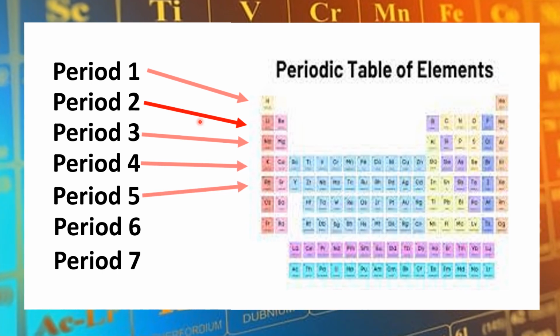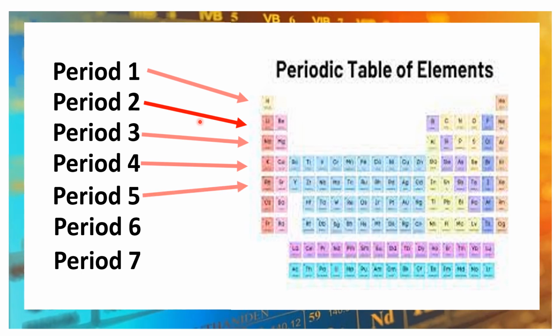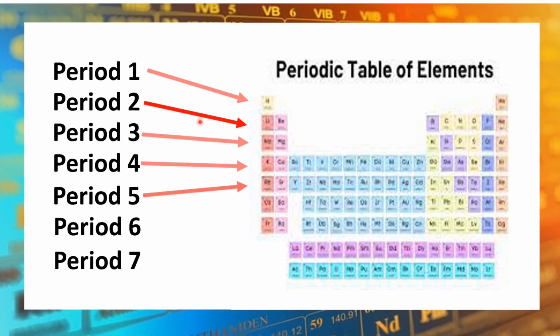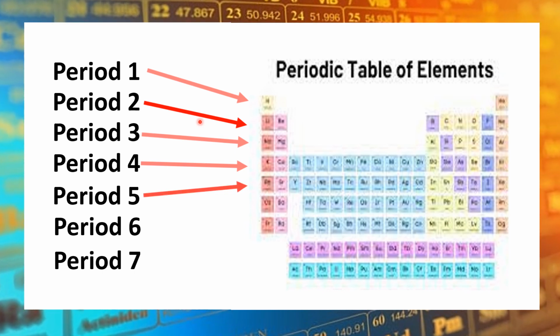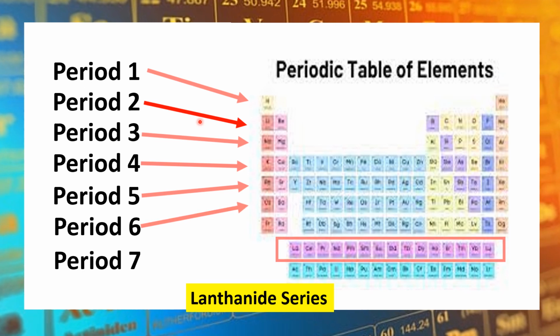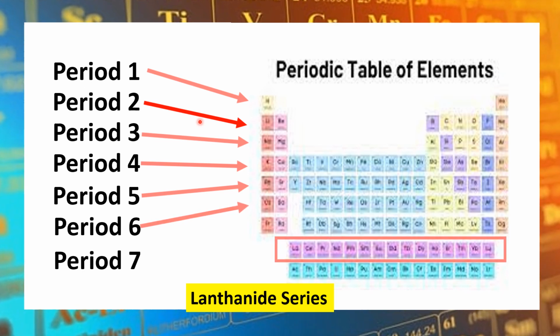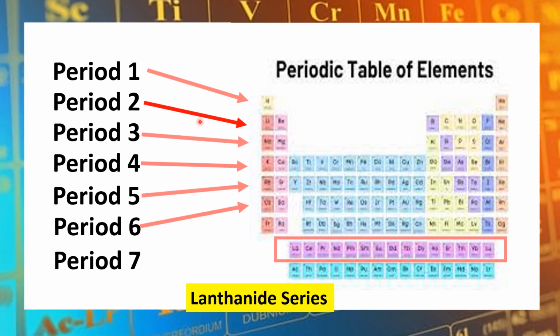Period 5 begins with rubidium and farthest right is another noble gas, xenon. Period 6, starting with cesium and ends with the noble gas radon.